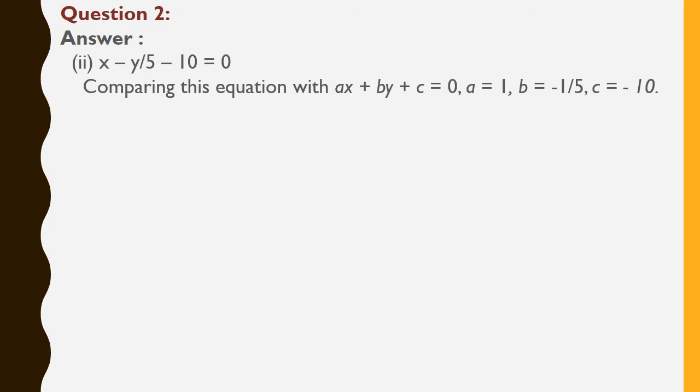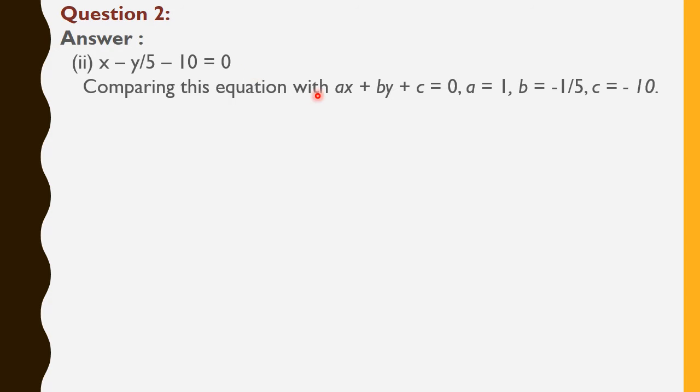In the second part of question number 2, the linear equation which is given is x minus y by 5 minus 10 is equal to 0. It is already in the general form, therefore we do not have to bring it into any other form.